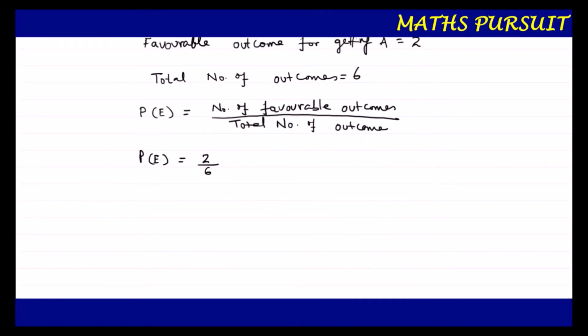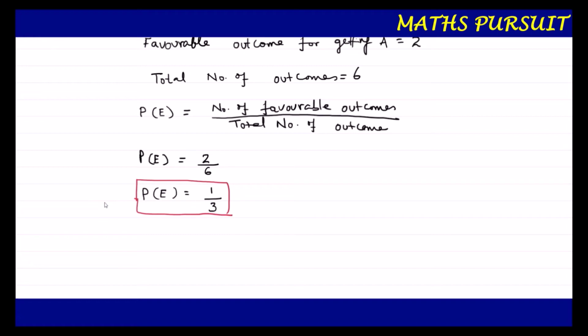Or I can write probability of the event is equal to, 2 1s are 2, 2 3s are 6. So guys, this is our answer. What we got is the probability of the event is equal to 1 upon 3.